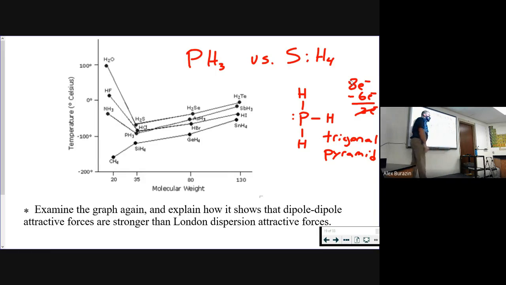Okay, a trigonal pyramid. Would this be a polar or a non-polar molecule? Polar or non-polar?